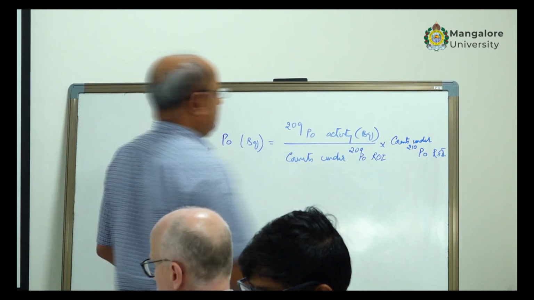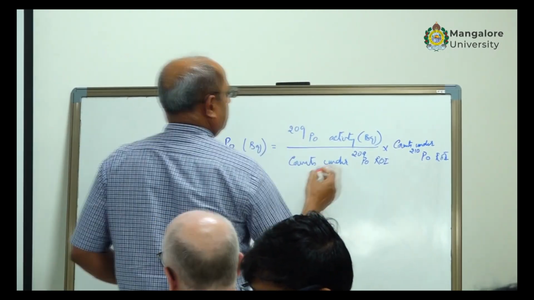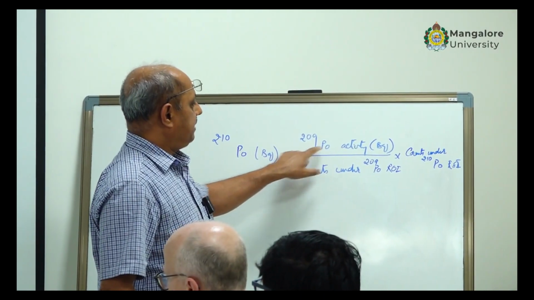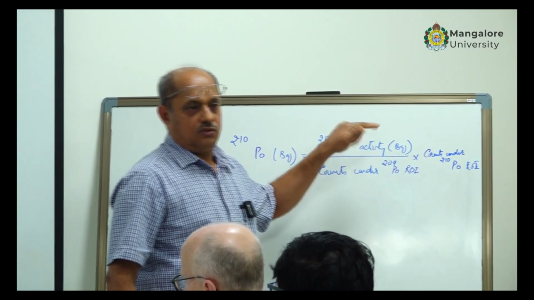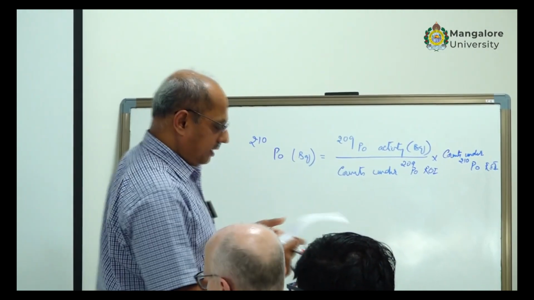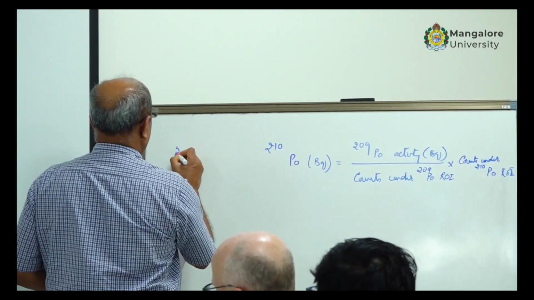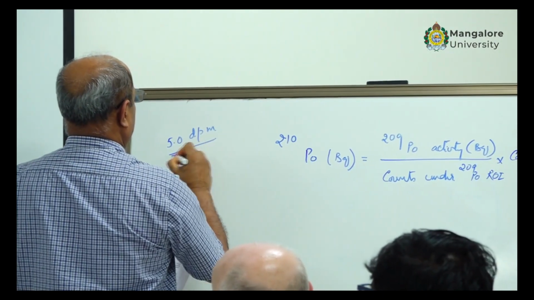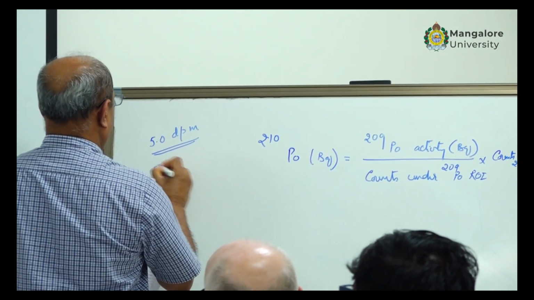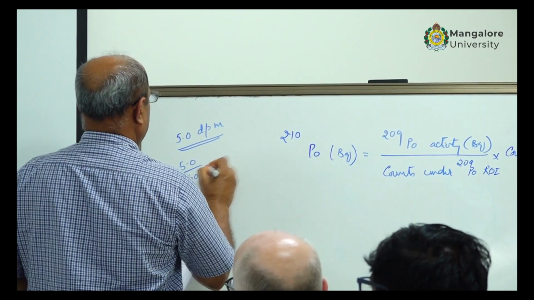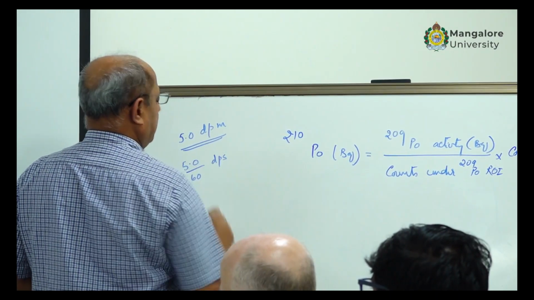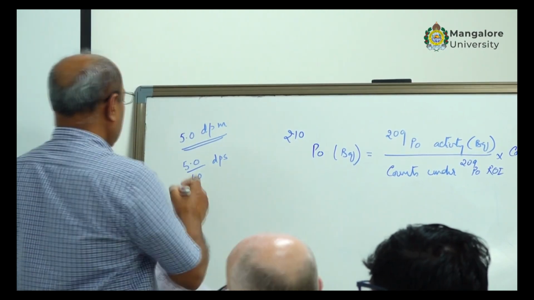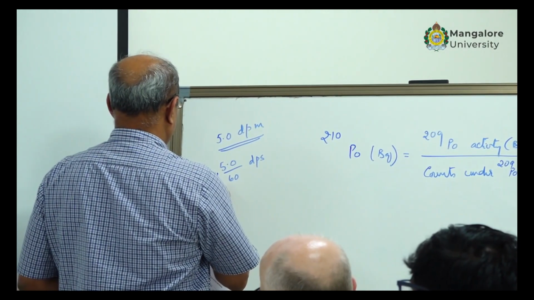Okay. This is also becquerel. Now, polonium 209 tracer activity we know. So this activity you can take 5 dpm, or 5.0 divided by 60 dps for becquerel, into the mass of the tracer.